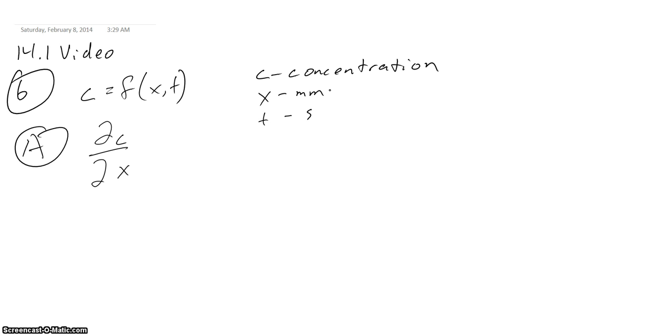So the concentration, I guess, would be units per liter. I might search that, but I guess we'll say concentration is the units, because they didn't give us any.